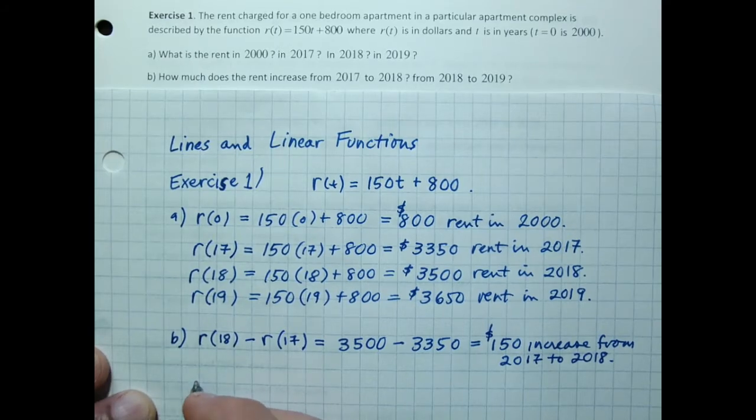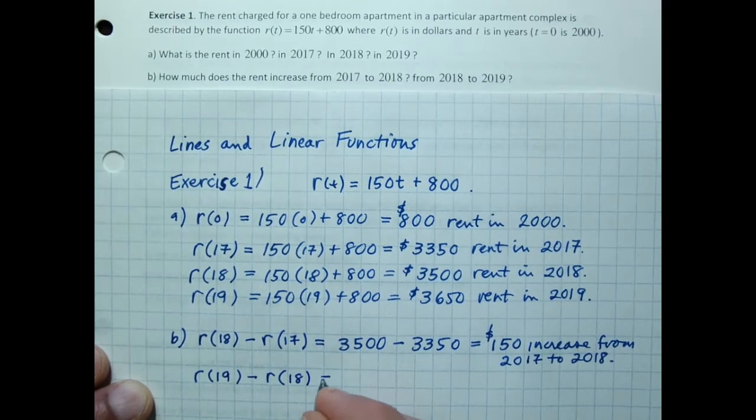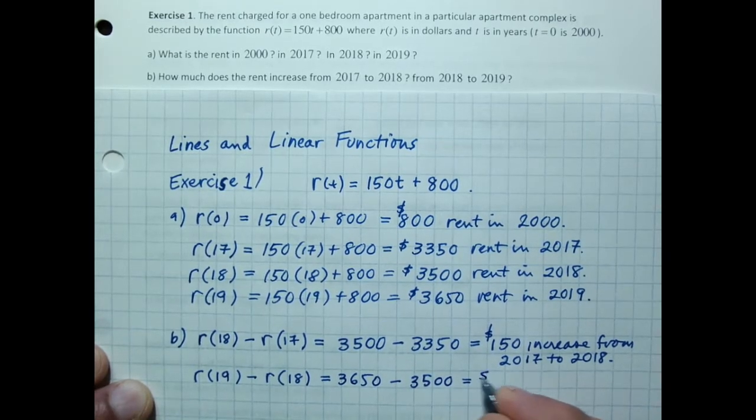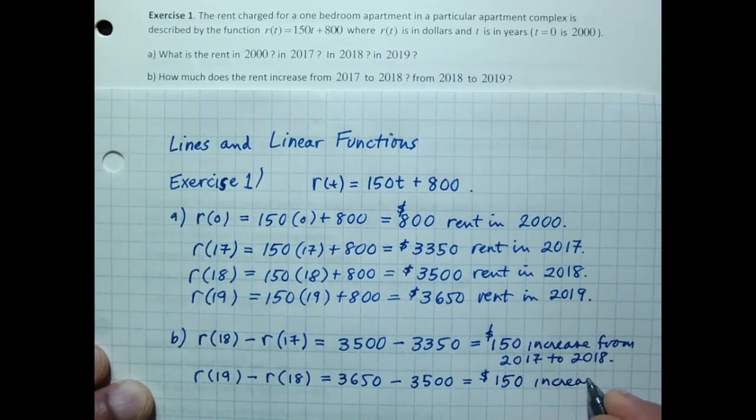And if we want the increase from 18 to 19, that's r of 19 minus r of 18. And that's going to be 3,650, that's our r of 19, minus 3,500. And that's also $150, the increase from 2018 to 2019.